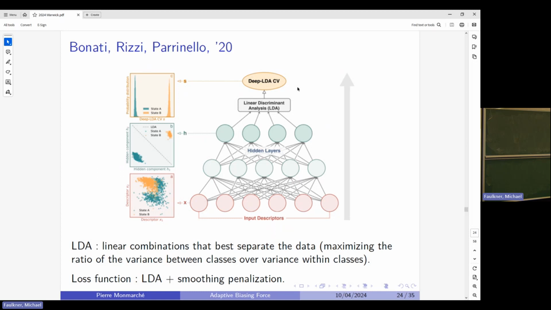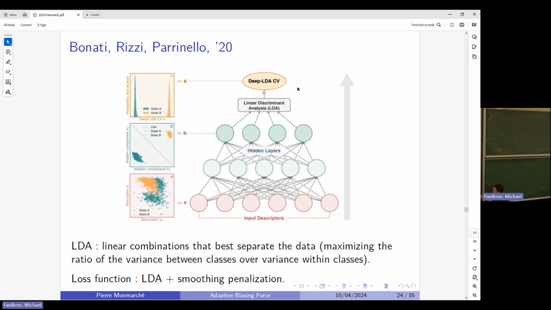So that's linear: you get a linear combination of the inputs. But the point in this paper is that they feed this linear discriminant analysis not with the Cartesian coordinates, but with some neural network, which is meant to learn the good features which should discriminate.